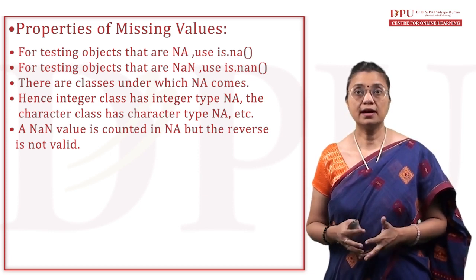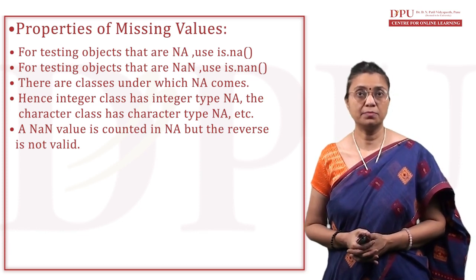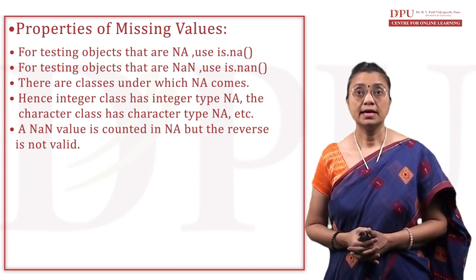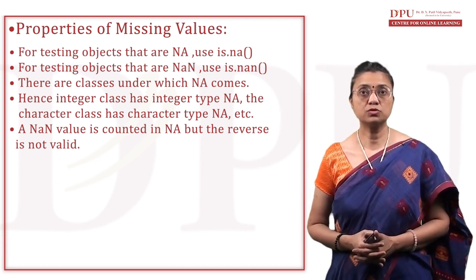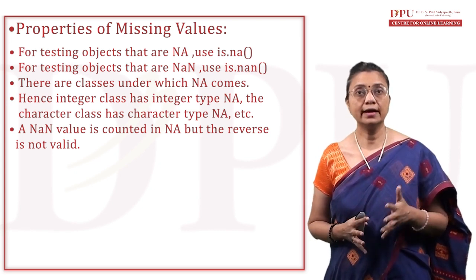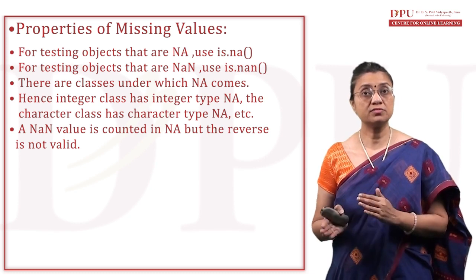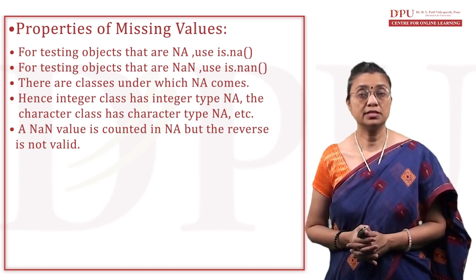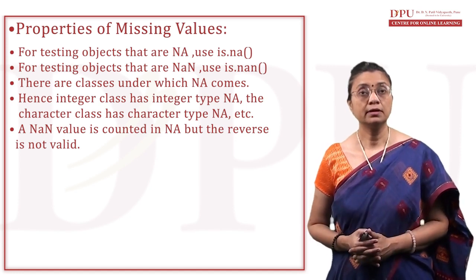There are classes under which NA comes, hence the integer class has an integer type NA, and the character class has a character type NA. A NaN value is counted as NA, but the reverse is not valid. That is, a NaN value can be counted as a not available value, but an NA value cannot be counted as a NaN.